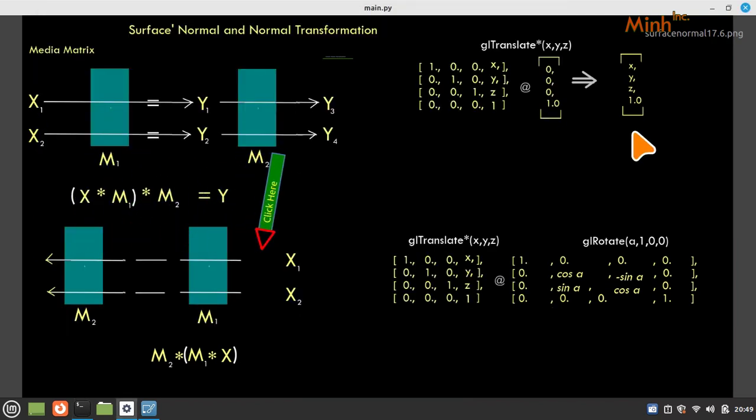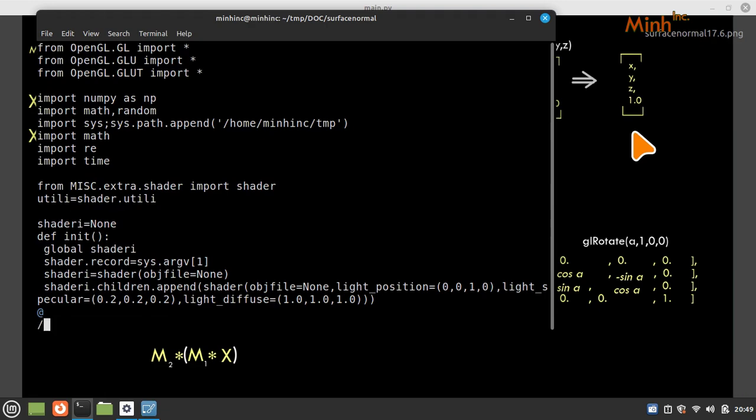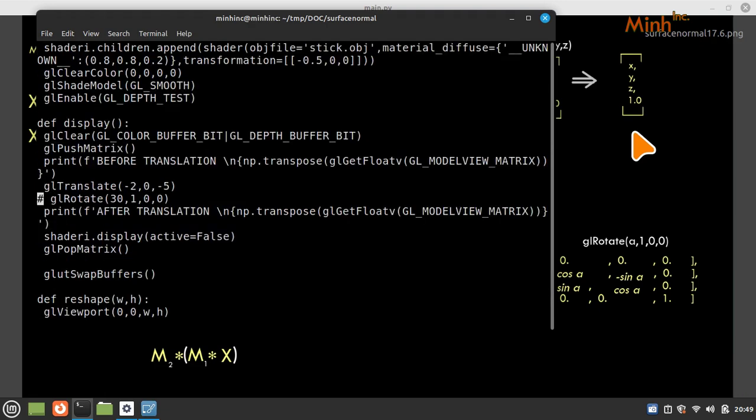What we can do is rotate and then translate. So this is how it is. With glTranslate, we rotate 30 degrees along the y axis, and then we translate by minus 2.